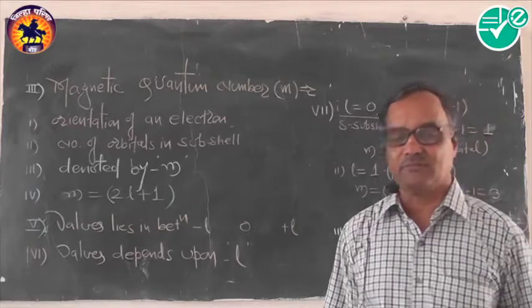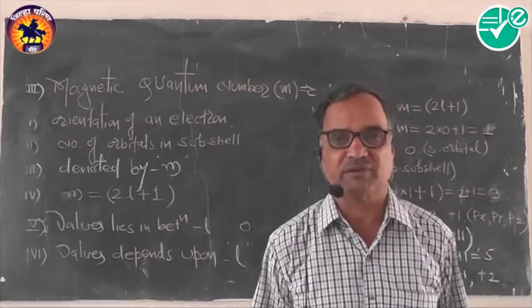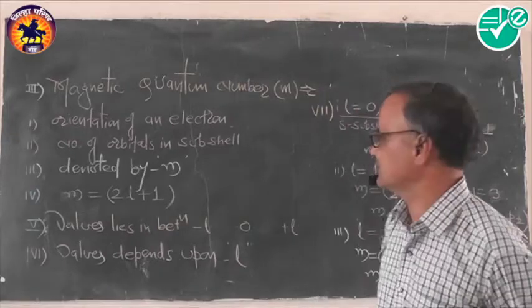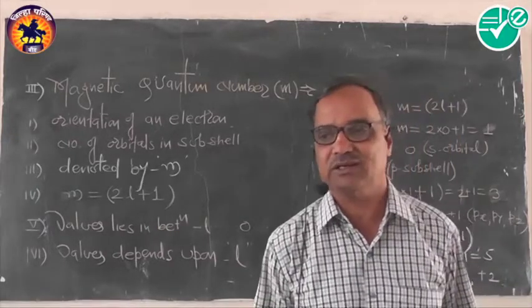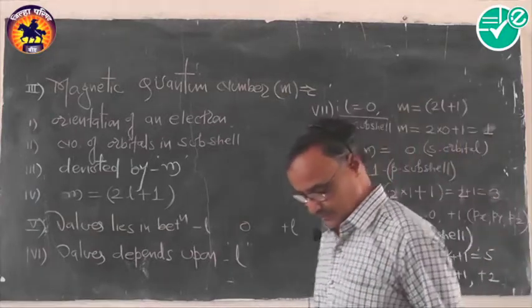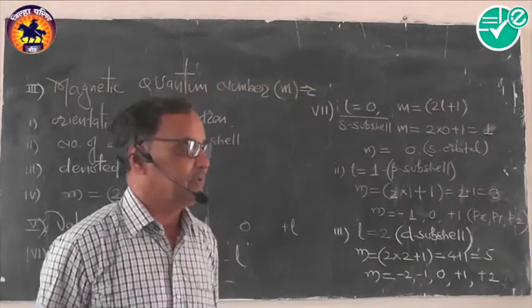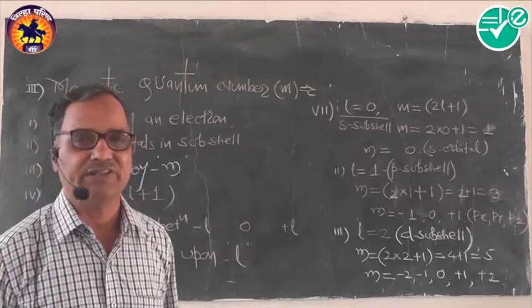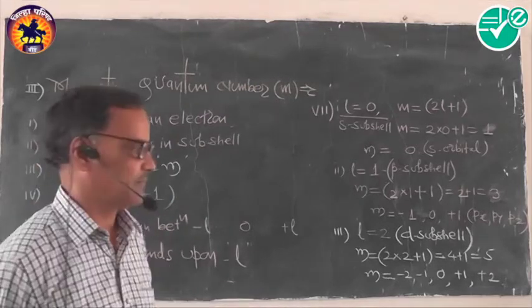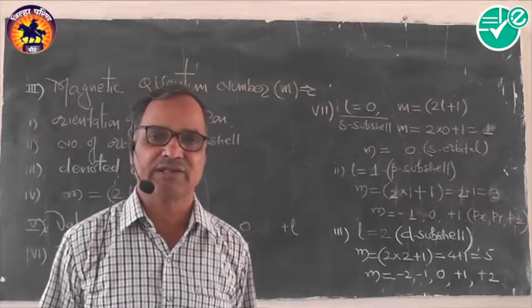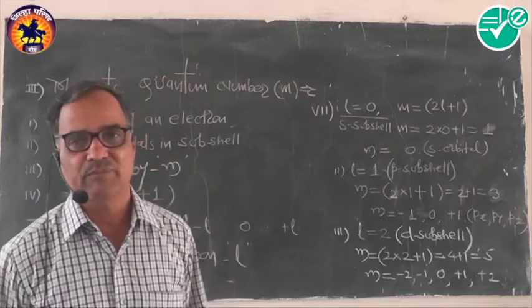The second quantum number, which gives more precision in the position of an electron, is the azimuthal quantum number, also called the orbital quantum number. It gives the number of subshells present in the main energy level, or the number of sub-energy levels present in the main shell.